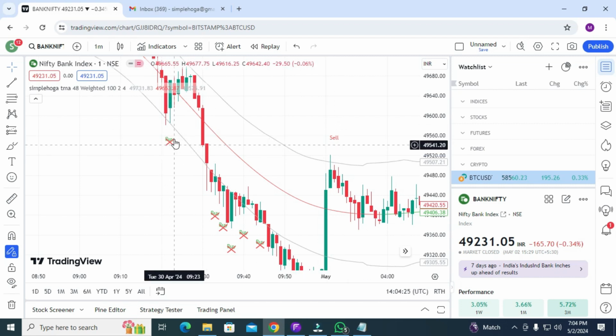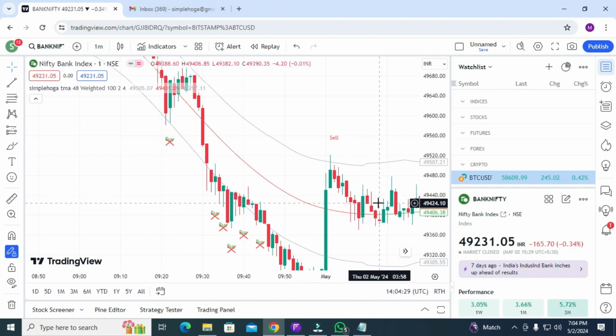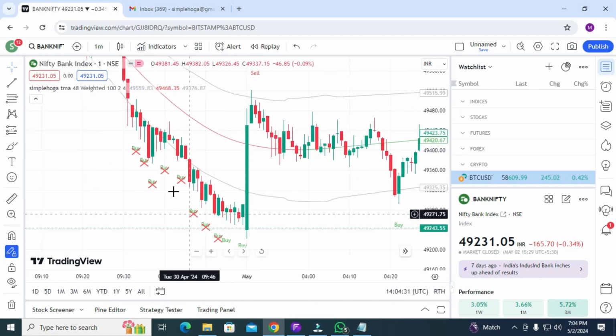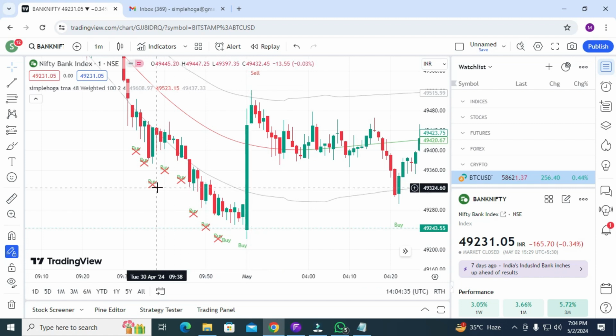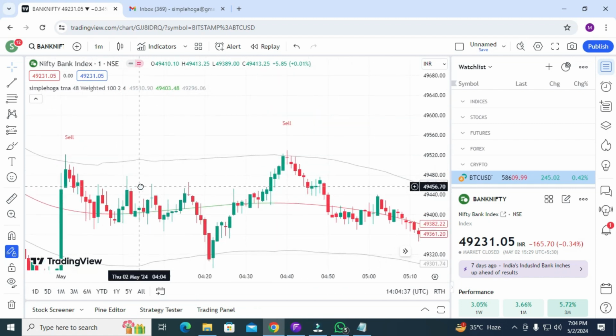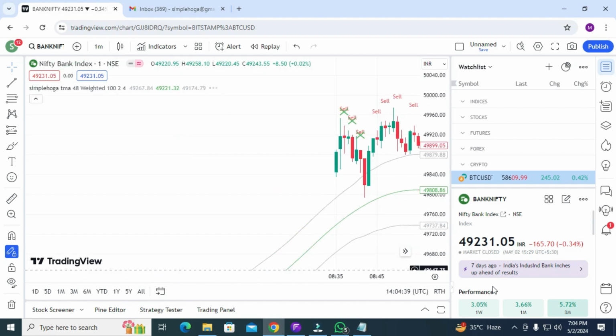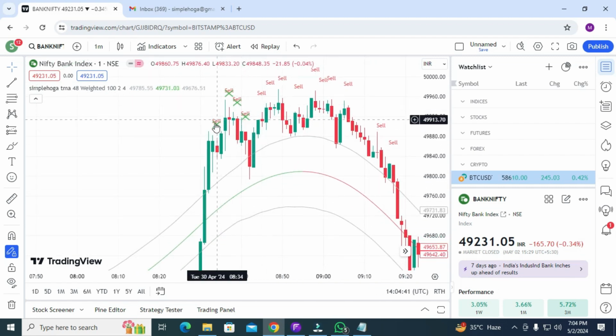The cross signal means do not go for the buy trade or sell trade. A buy signal with the cross, do not go for the buy trade. A sell signal with the cross means do not go for the sell trade. Like this one, do not go for the sell trade.